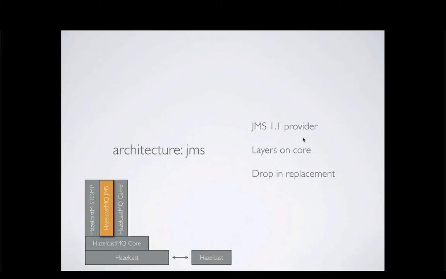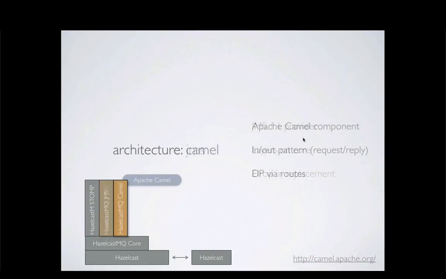So next up is the Camel component. If you're not familiar, Camel is a framework that provides enterprise integration patterns. It gives you the idea of building routes and transforming messages, processing messages, routing them to different endpoints.